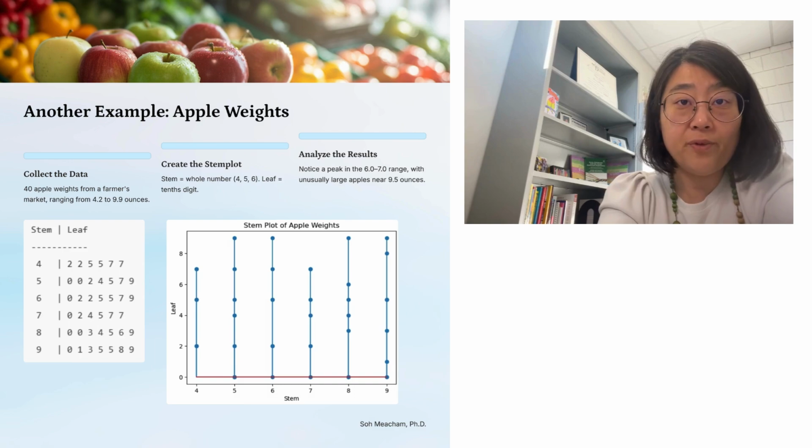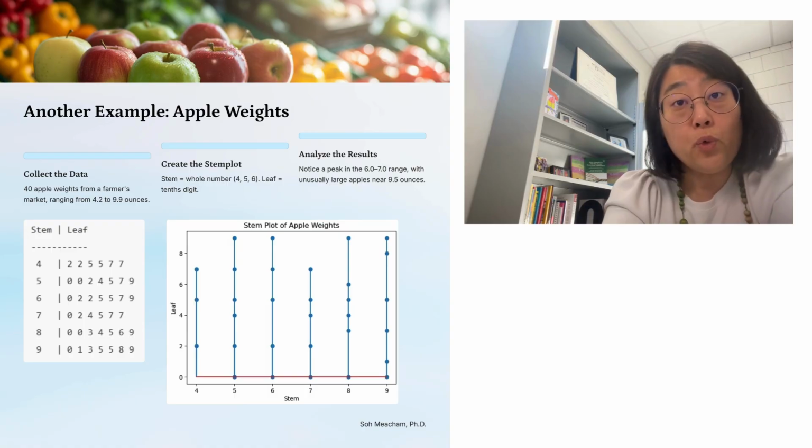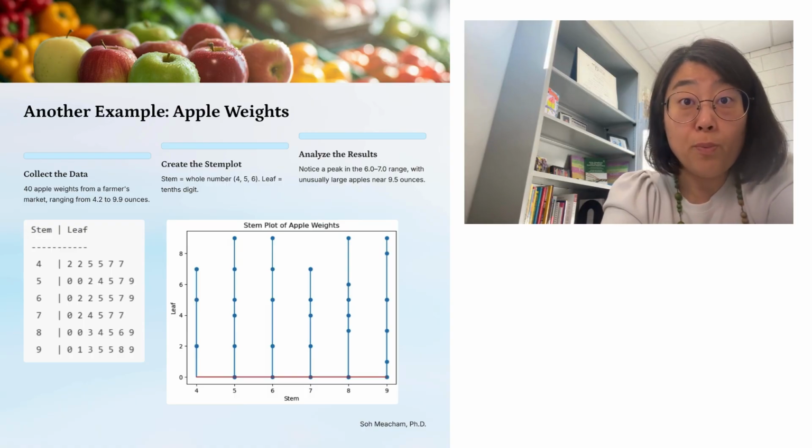Now, let's try a very different data set. Suppose a local farmer's market has been tracking the weight of apples sold in one weekend in ounces. They record 40 apple weights ranging from 4.2 ounces to 9.9 ounces. Again, we turn to a stem and leaf plot. The stem would be the whole number, like 4, 5, 6, etc., and the leaf would be the tenth digit.